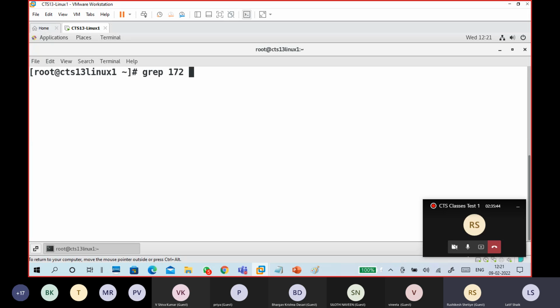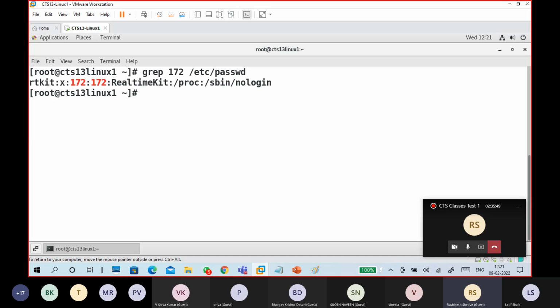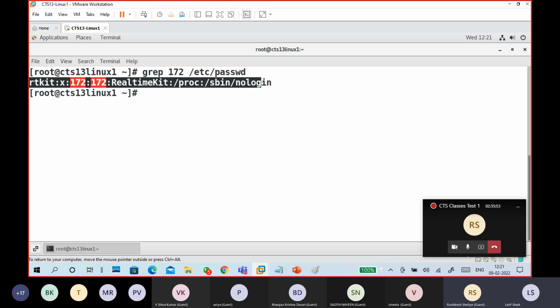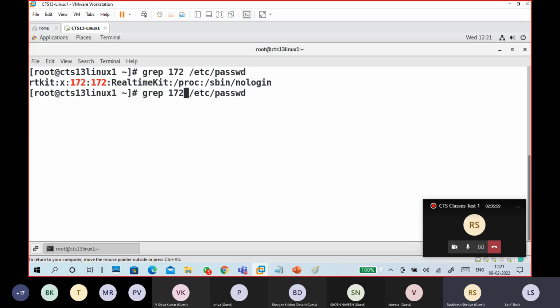grep 172 slash etc slash passwd. Can you see here? This line has 172, that's why it is displaying. For example, I want to see any line with the word bash in that particular line.